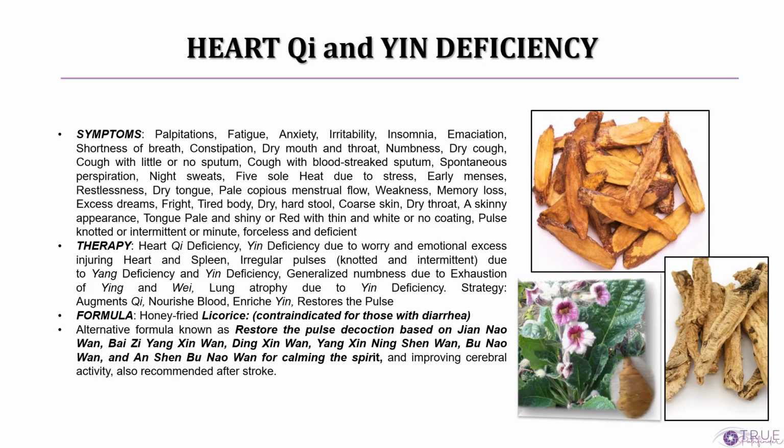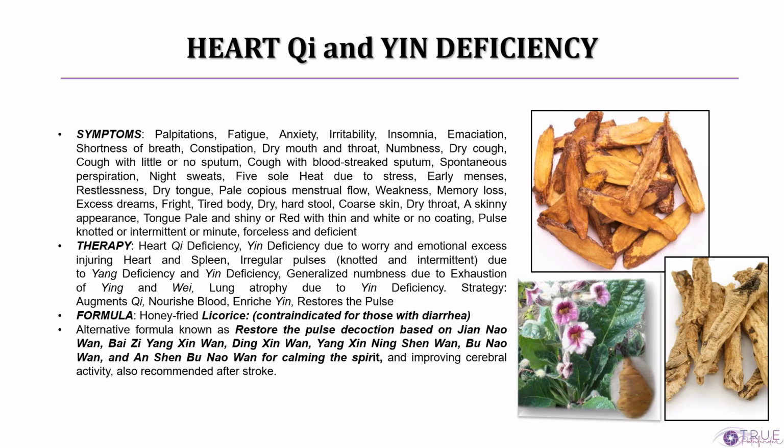And the therapy here, the approach, is to deal with the heart Qi deficiency and the yin deficiency that is caused by worry and emotional excess, which injures the heart and the spleen, and causes the irregular pulses, the knotted and intermittent ones, due to the yang deficiency and the yin deficiency, and also the generalized numbness that is caused by the exhaustion of yin and wei, lung atrophy due to the yin deficiency.